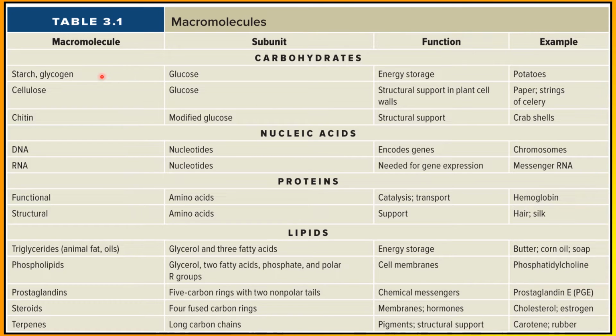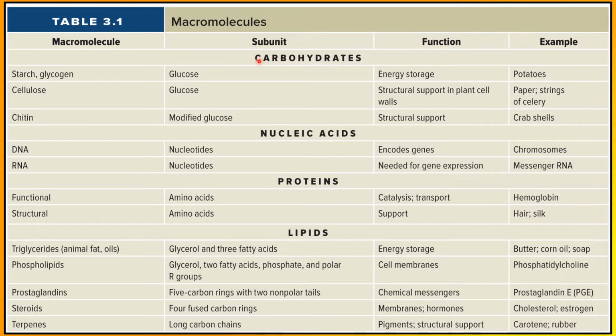And it gives you examples over here: for carbohydrates, starch and glycogen, cellulose, chitin. But this is really important in that it tells you what the monomer subunit is. So these are your polymers, and over here it gives you your monomer subunit.